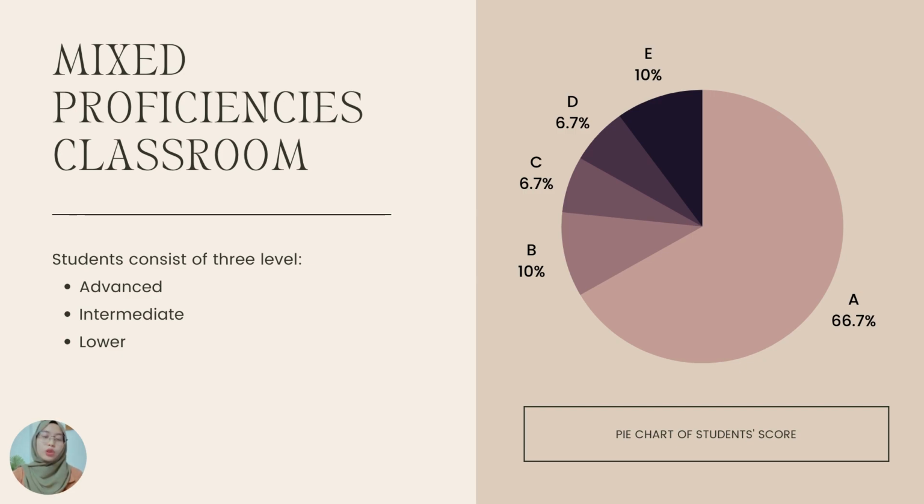Intermediate students who got B, that is 10%, and the lower level students, that is students who got C, D, and E, there are 6.7%, 6.7%, and 10% respectively. Here is the pie chart of the students' scores.